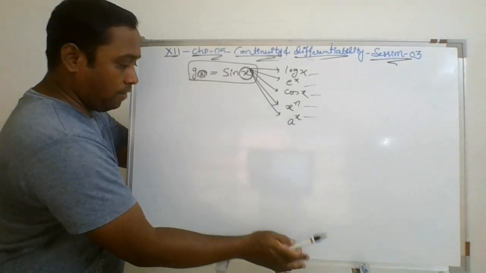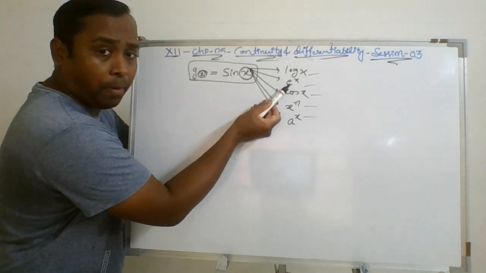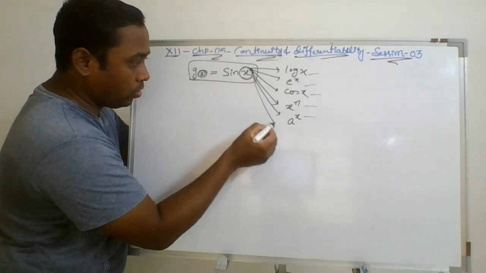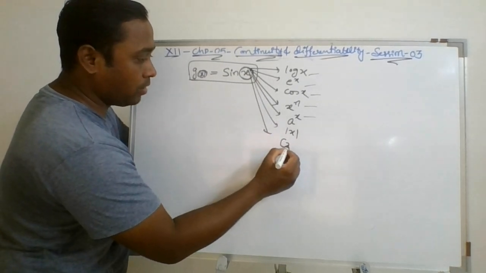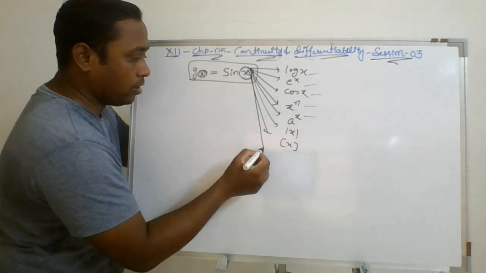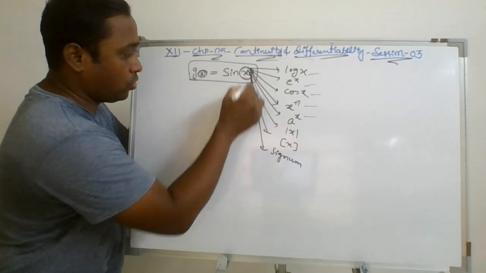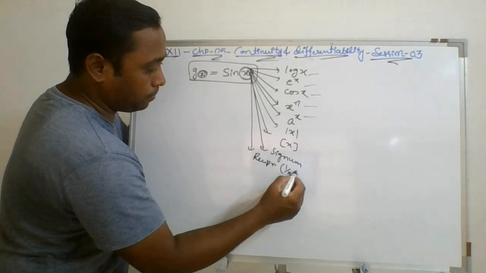So if I replace this x with e power x, you may also replace it with the modulus function, the greatest integer function, the signum function, or the reciprocal function, that is, the 1 by x form.